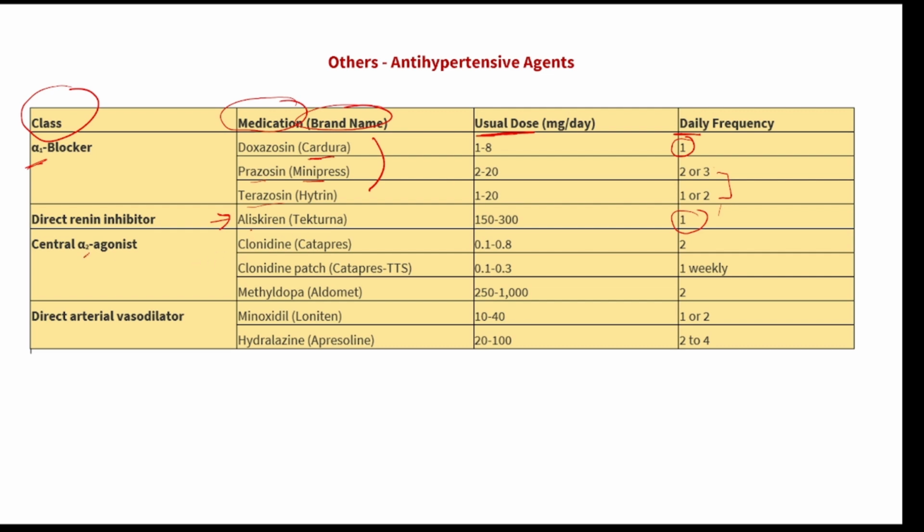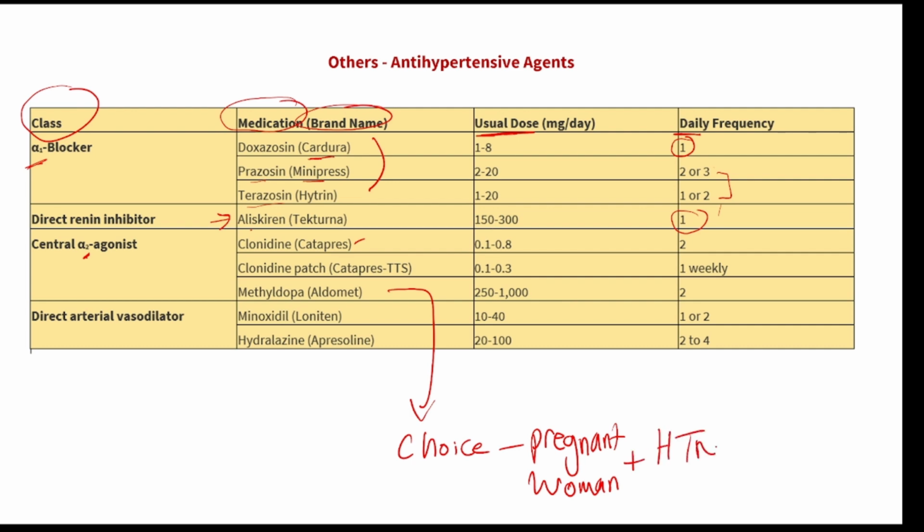Central alpha 2 agonist: clonidine, Catapres, clonidine patch, and then we have methyldopa. Methyldopa will be the drug of choice for a pregnant woman with hypertension. Okay, methyldopa, Aldomet.